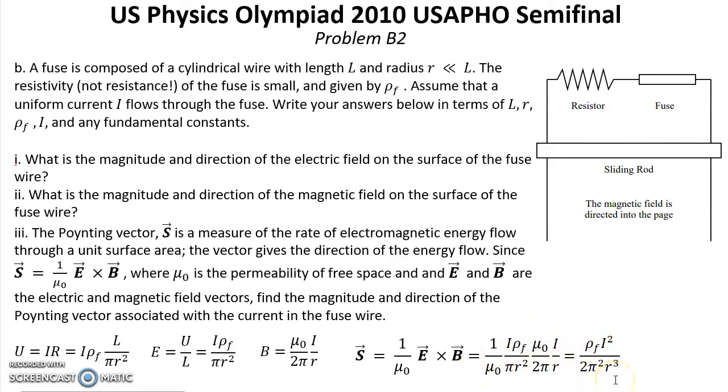And due to the vector cross product direction, the direction of this Poynting vector is going inside of this fuse, so it will get hotter during the time. So we just answered all three questions for this section B.